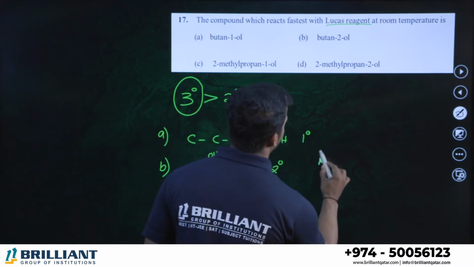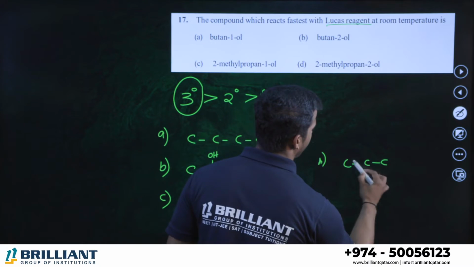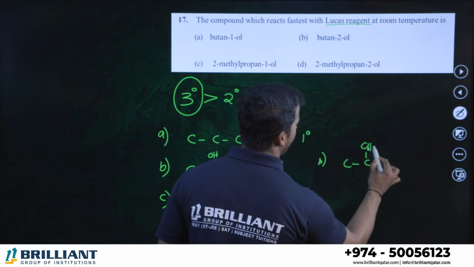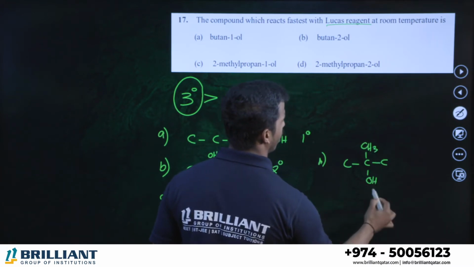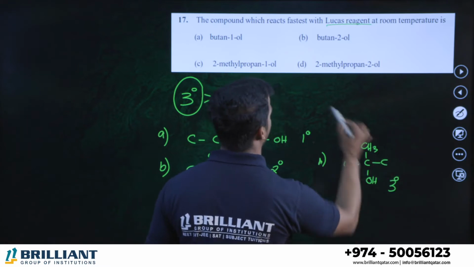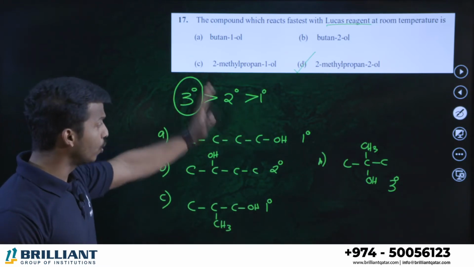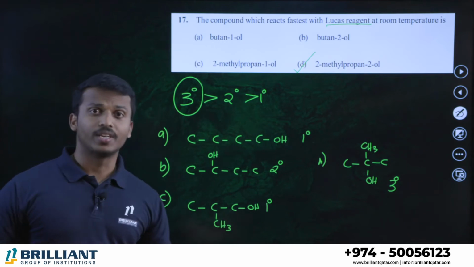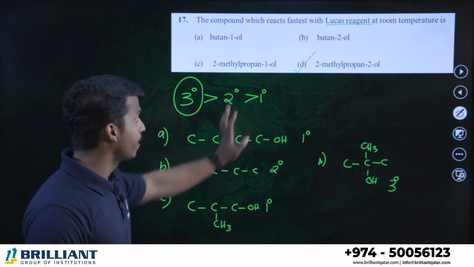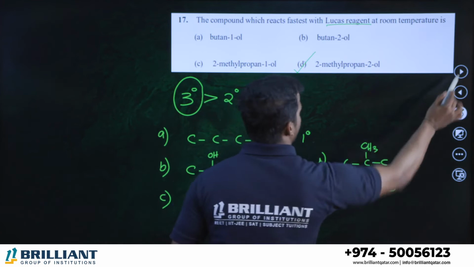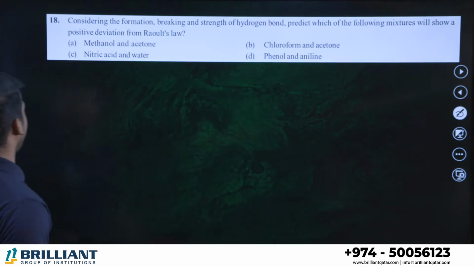What about option D? 2-methylpropan-2-ol. Yes, it is a tertiary alcohol. It can undergo the reaction faster. So the Lucas reagent reaction can happen more in which one? Option D.